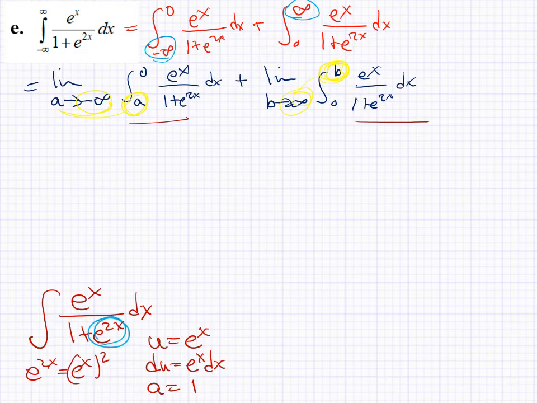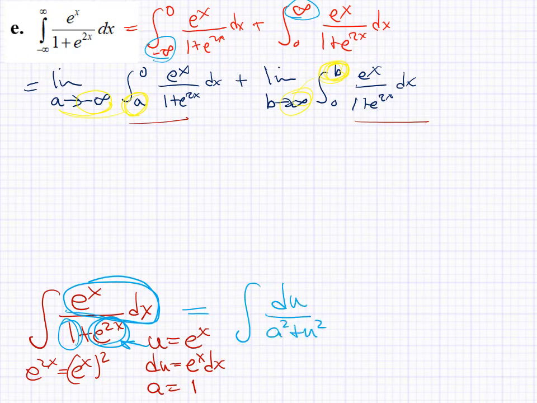This is u squared, this is a squared, and here is my du. So I end up with the integral of du over a squared plus u squared. And you should recognize that as our arctan integral, 1 over a arctan of u over a, where a is 1 and u is e to the x.